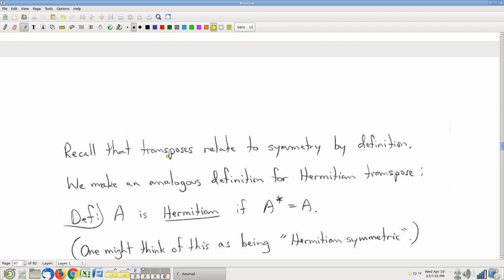A symmetric matrix is a matrix that is its own transpose. So if we've modified our notion of transpose, there now comes along a new notion of symmetry. Here it is. This is what I like to call a Hermitian symmetric matrix. A Hermitian symmetric matrix is a matrix that is its own Hermitian transpose.